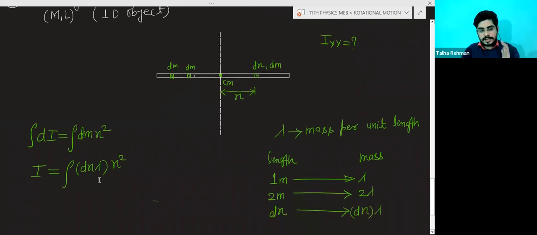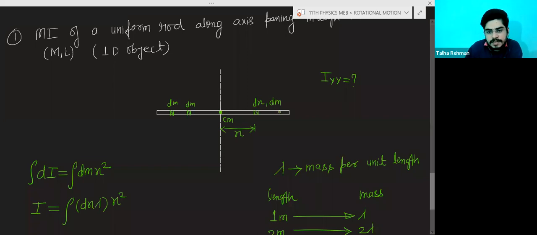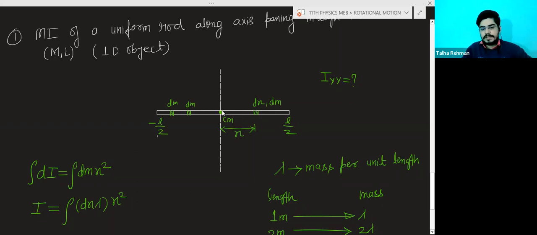But now what do you have to do here? Suppose this is the origin, and from this origin, this corner will be covered. When you go from here to here, the length will be L by 2. Here the length will be minus L by 2. So if you cover this portion, you can take the mass up to limits.